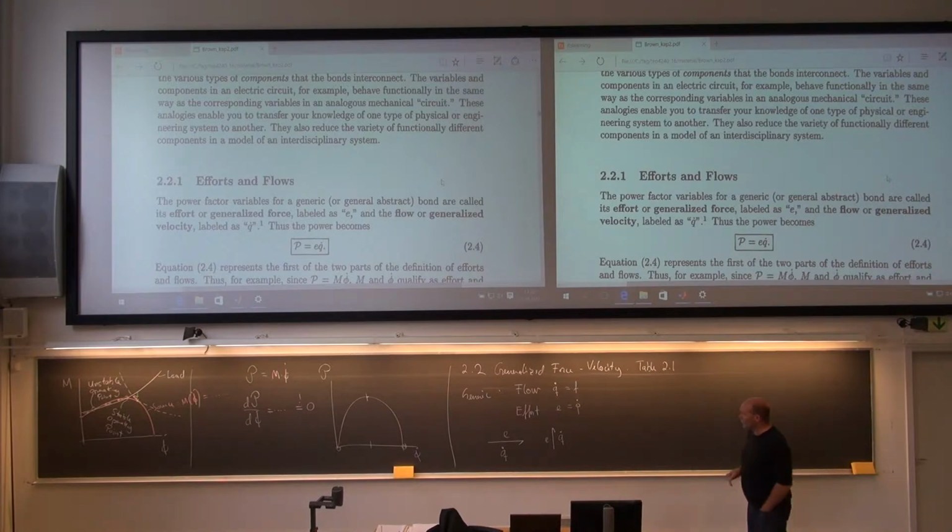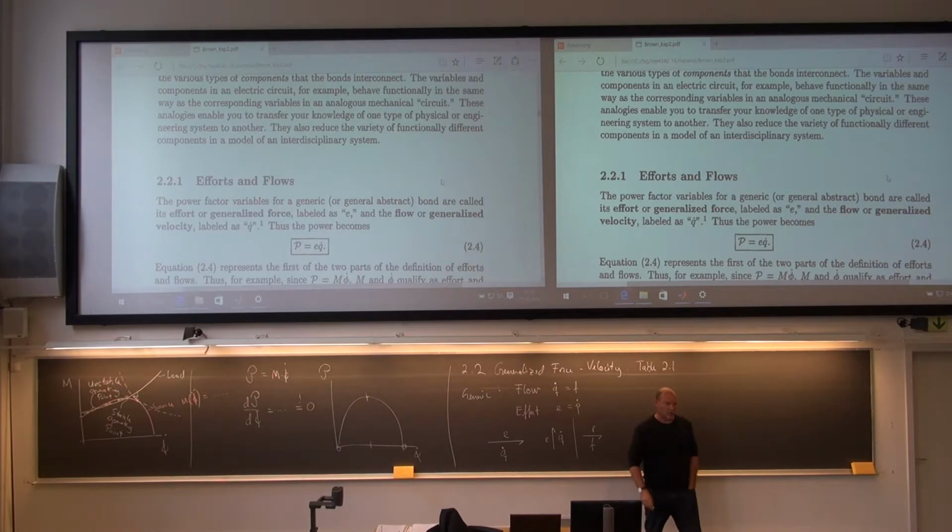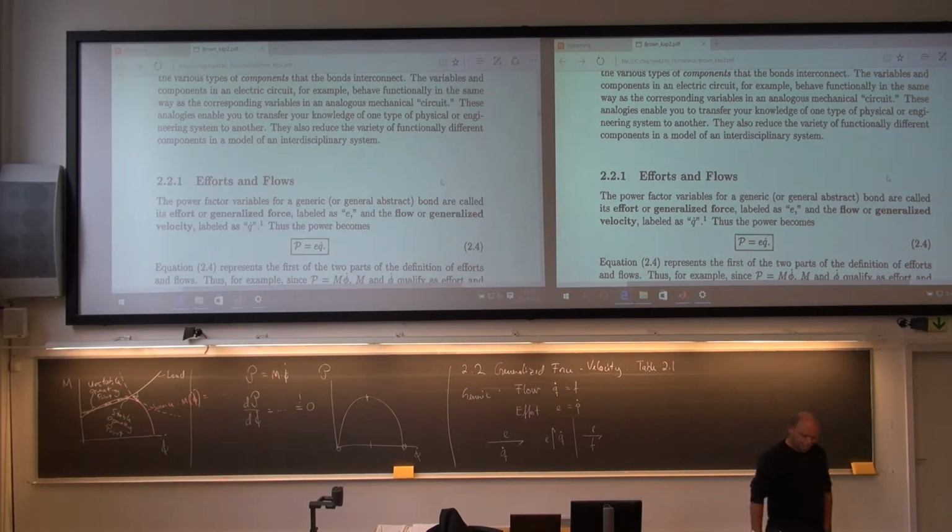If you time integrate this quantity, you will get the effort. So both flow and effort have two separate notations. We could have used, instead of E, a P dot here and a Q dot. Instead of the Q dot, you could use an F. I don't really care, as long as you know what is what, then I'm happy. So just a notation anyway.